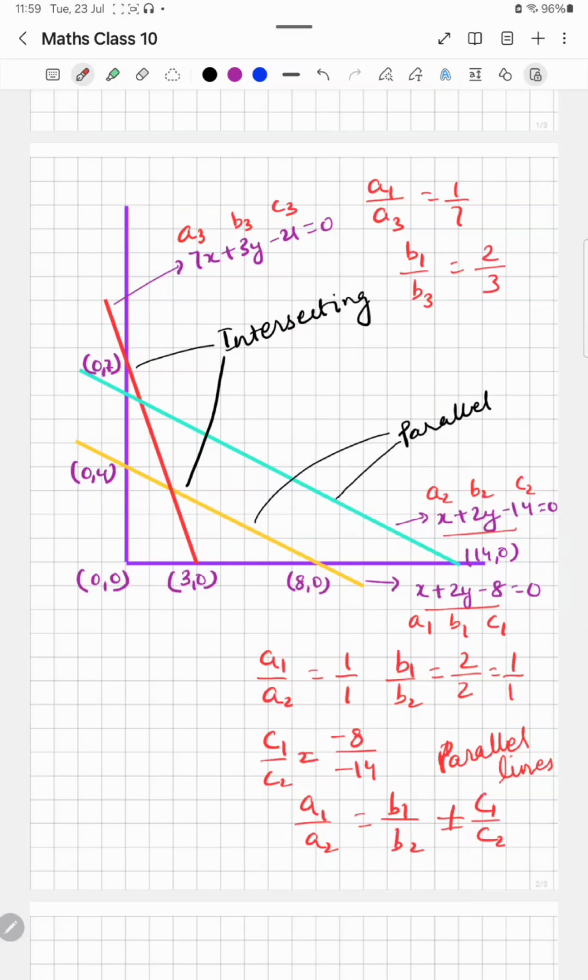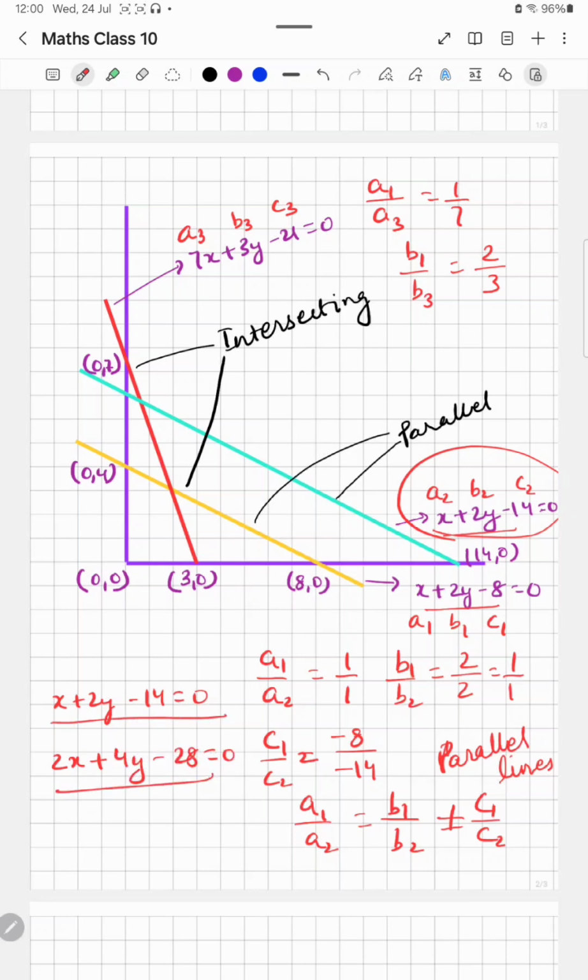Okay, and the coincident lines, we can't actually draw one line on top of another, but because all these ratios are the same, even if the equation, for example this equation x plus 2y minus 14 is equal to 0, if I just multiply all the coefficients by some number, for example by 2, we get 2x plus 4y minus 28 is equal to 0.